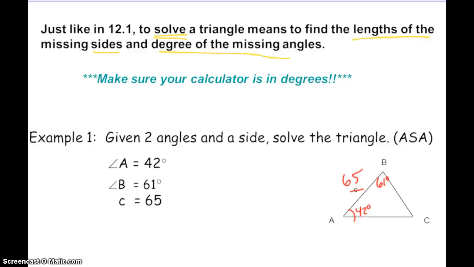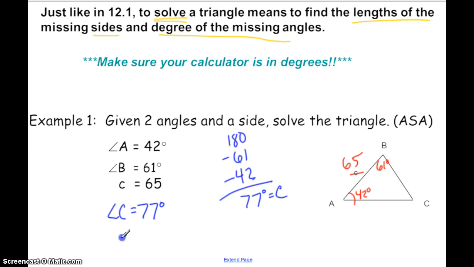But remember, in every triangle, if I have two angles, I can find the third. All I have to do is take 180 minus 61 minus 42, and that's going to give me angle C. If I do that real quick, we get 77 degrees. So angle C is 77 degrees.